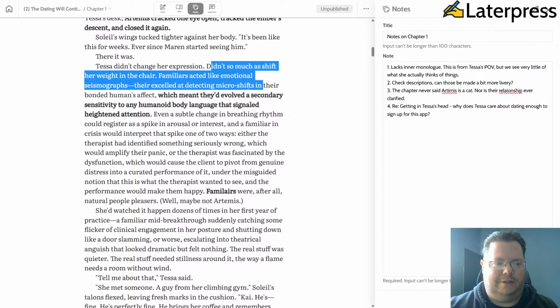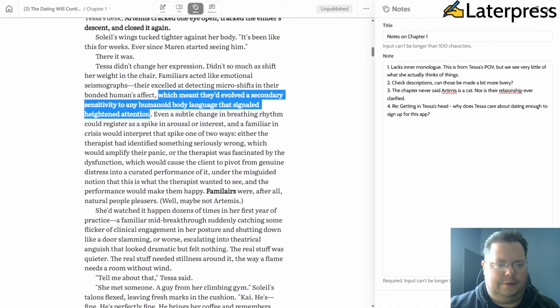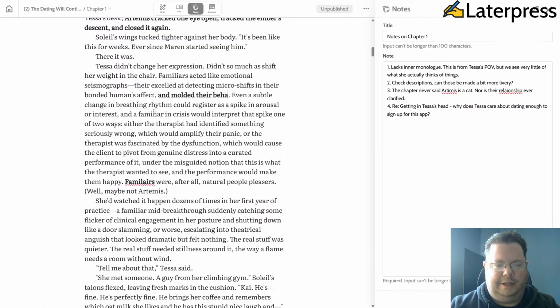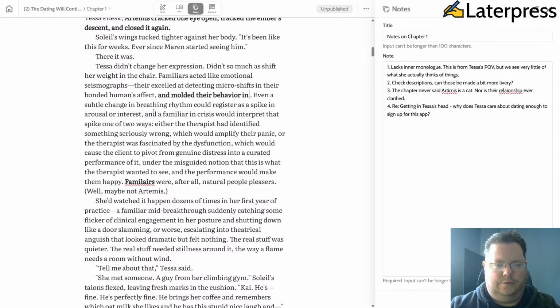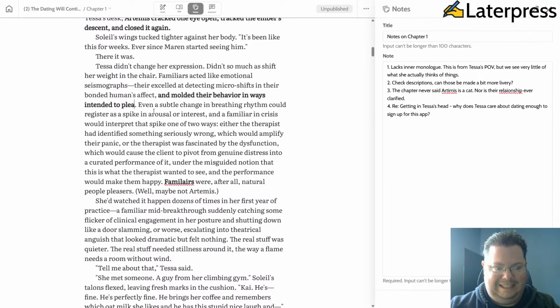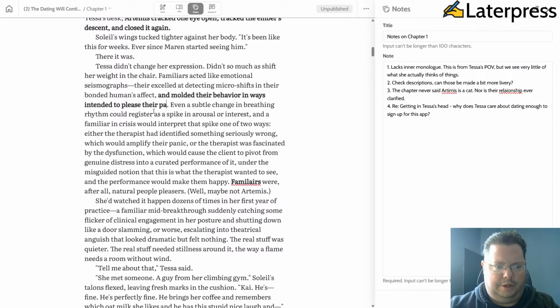They excelled at detecting micro shifts in their bonded humans' affect, and molded their behavior in ways intended to please their partner.